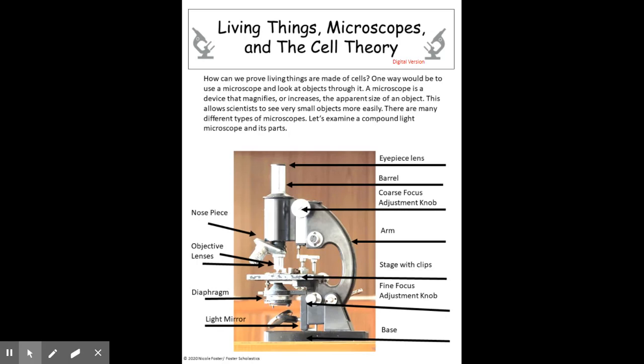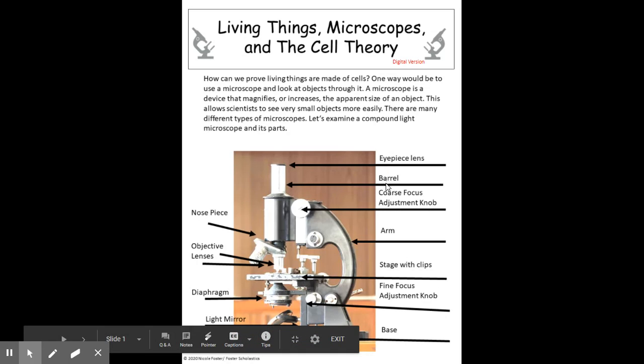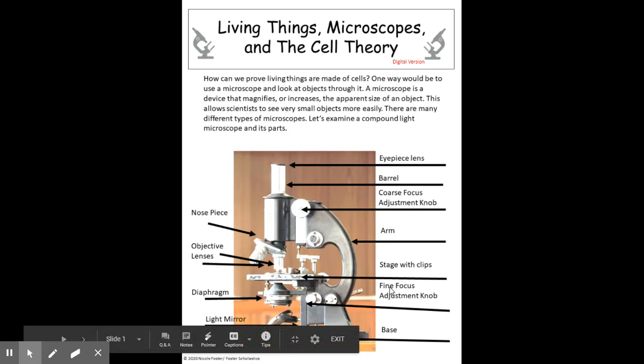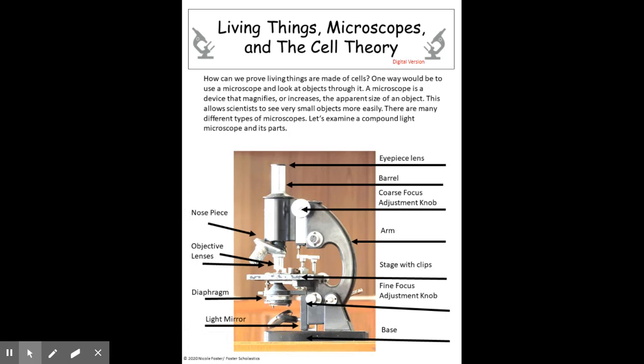There are many different types of microscopes. Let's examine a compound light microscope and its parts. Right here to the right of the microscope, we have our eyepiece lens, the barrel, coarse focus adjustment knob, the arm, the stage with clips, the fine focus adjustment knob, and the base. Over here to the left, we have the nose piece, the objective lenses, the diaphragm, and the light mirror.